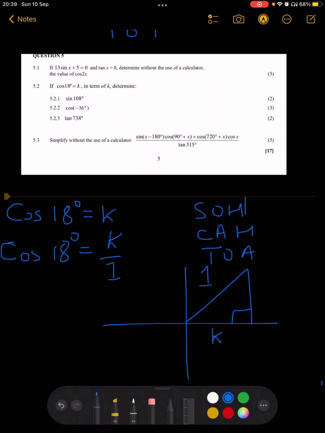Now we have a missing side, which is our y. How can we get that? By x squared plus y squared equals r squared.